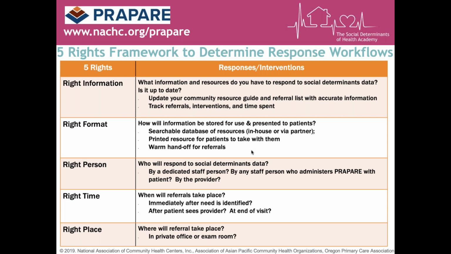So, right information: think about what information resources you already have at your organization that you could provide as either referrals or services, things that you could offer your patients once a need is identified. I'm sure many of you have a community resource guide as part of PCMH, but how up to date is that?